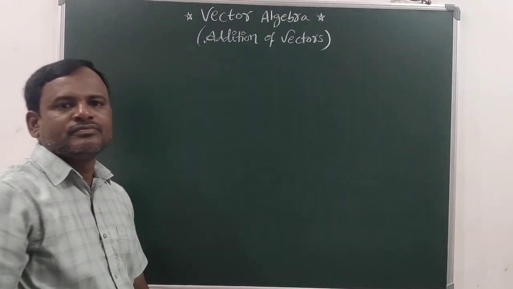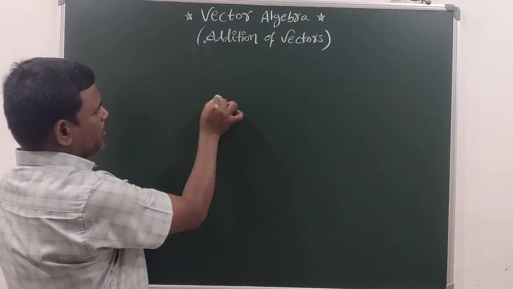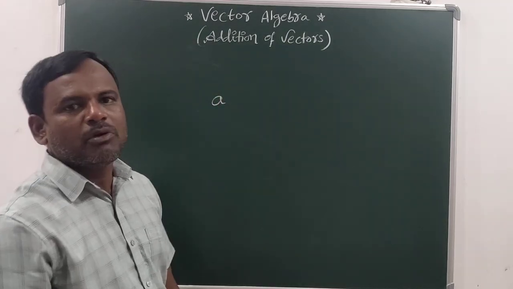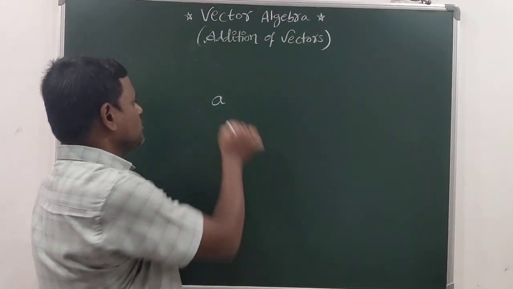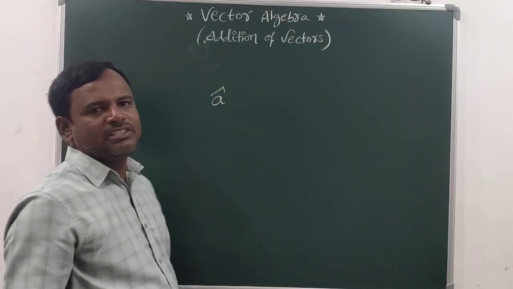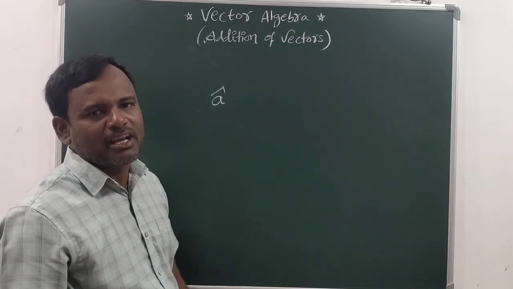Now, I am giving you a vector A. I am asking you to find its unit vector. So, the unit vector is denoted by this symbol. You have to read it as A cap.